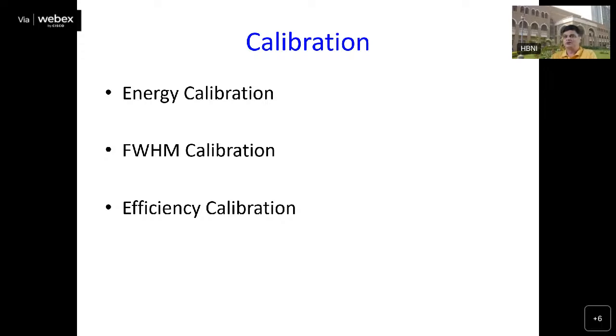Once you carry out the energy calibration, you will come to know which particular radionuclide is present. For example, cobalt 60 has 1173 and 1332 keV lines. Once you have the energy calibration, only then do you know that your peak is coming at those particular energies.